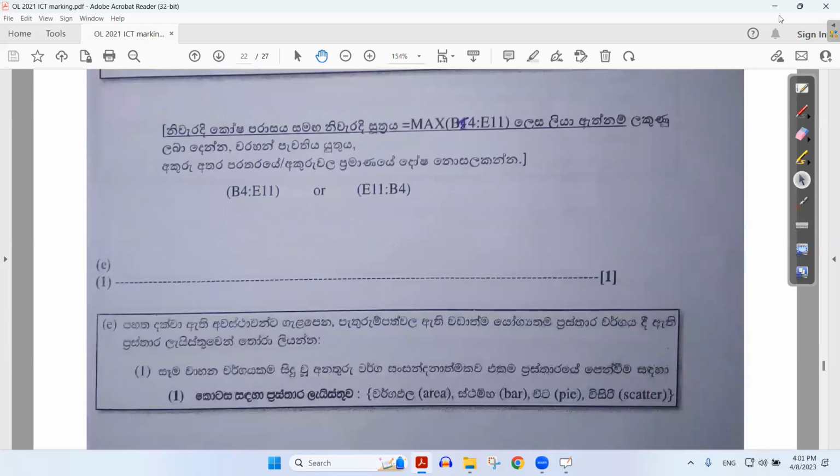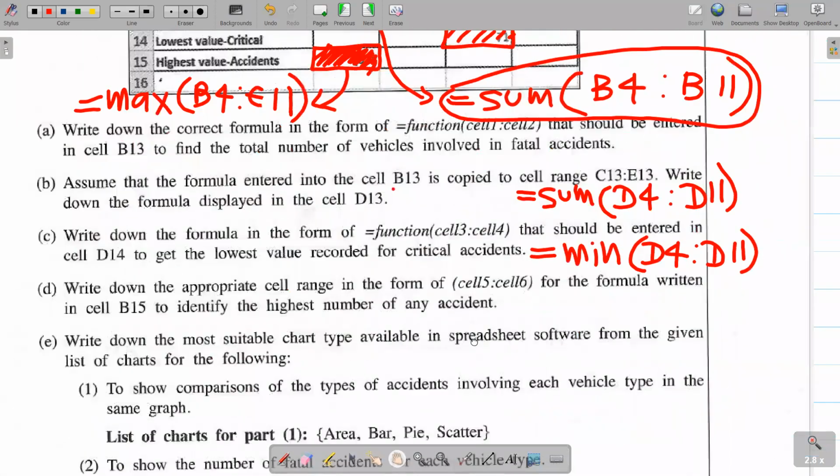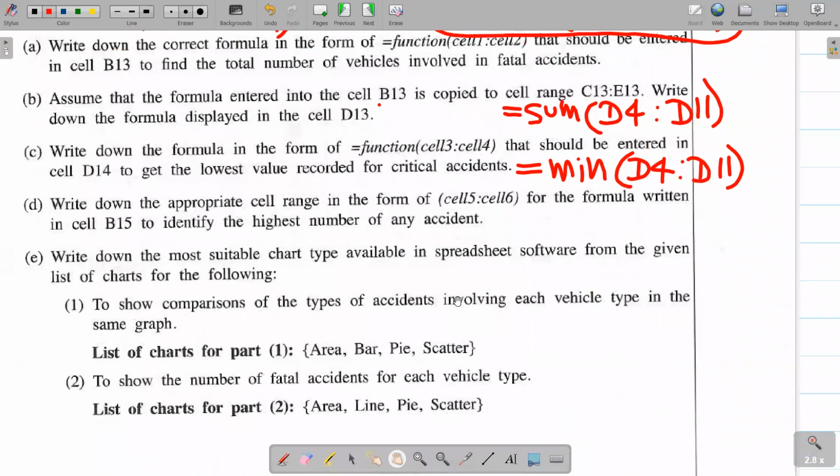In part E, they are asking about some chart types regarding a particular scenario. The first one is write down the most suitable chart type to show the comparison of the type of accidents involving each vehicle type in the same graph.